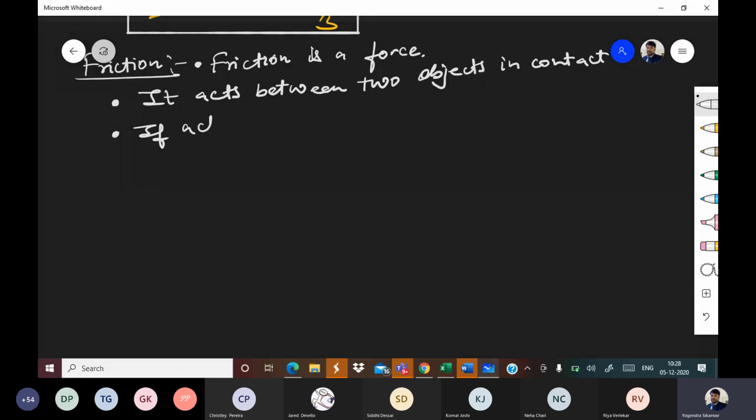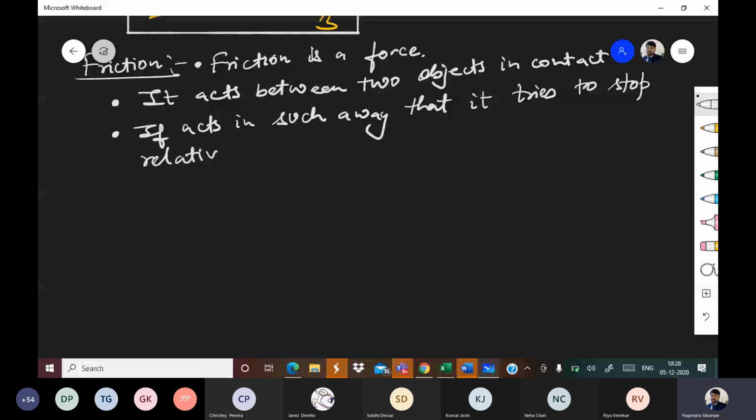It acts in such a way that it tries to stop relative motion occurring between two objects.